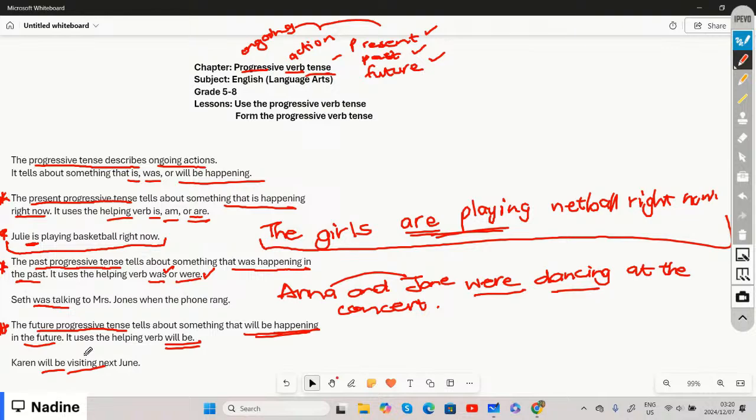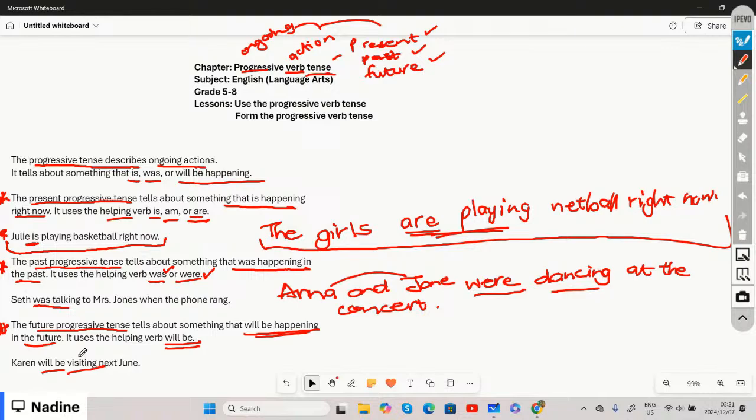Will be visiting. We add ing to our verbs to show the ongoing action. So we're not just saying visit or play or dance. We're using ing on our verb in order to show the ongoing action within the sentences.